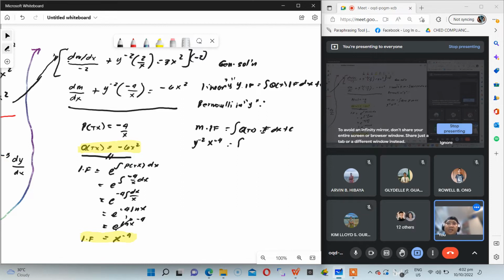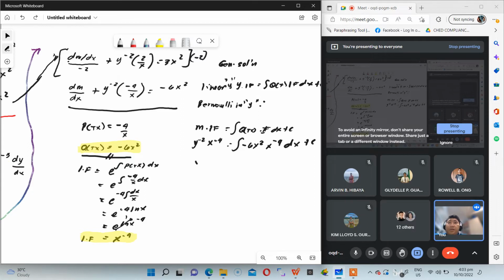Q of x, that is the integral of negative 6x squared multiplied with x raised to the power of negative 4, the integrating factor, dx plus c. Obviously, we could simplify this further using algebra, or we can leave it as is, or remove the negative powers. So, let's try this one first, negative 2.